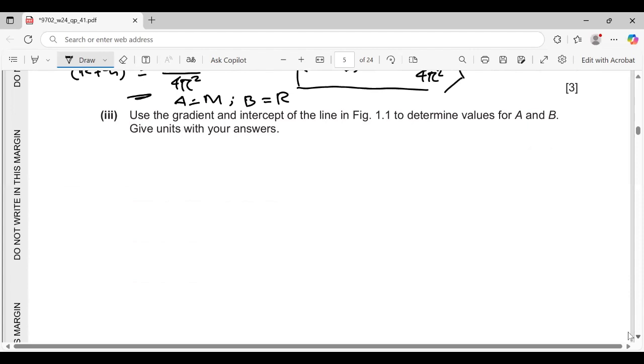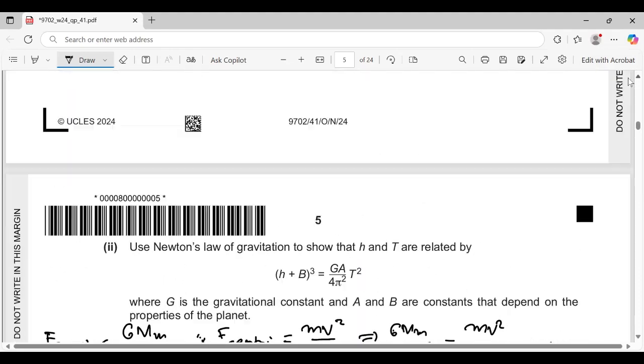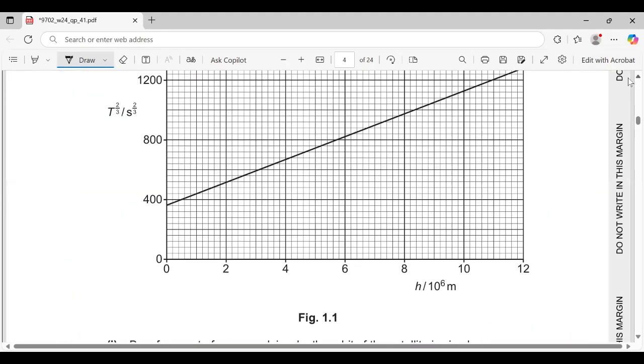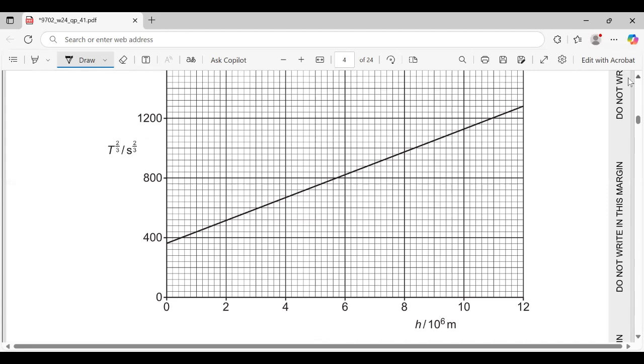Use the gradient and intercept of the line in figure 1.1 to determine values for a and b. Give units with your answer. Using gradient to find a: if you look at this diagram, I'm going to find numbers for the gradient from this graph.